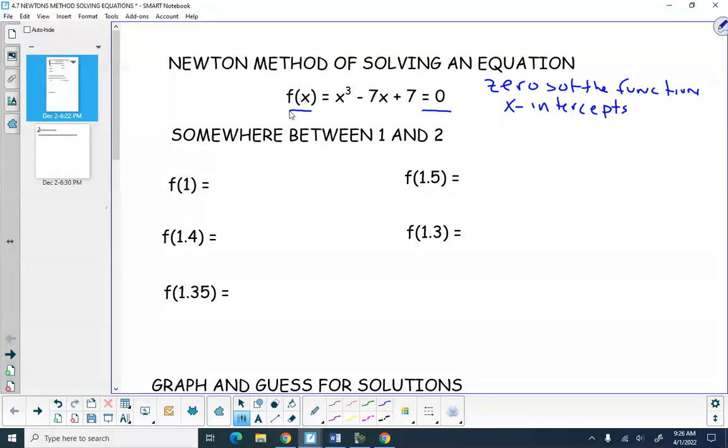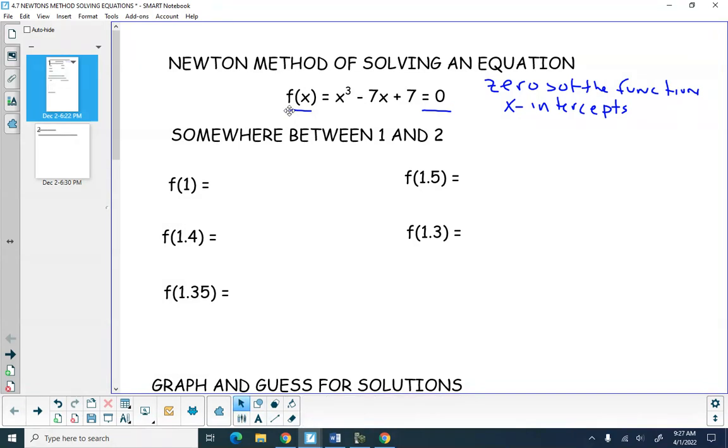When you have an equation set equal to 0, we are looking at the zeros of a function, or graphically, your x-intercepts. So you're looking at values of x that make our function equal to 0.